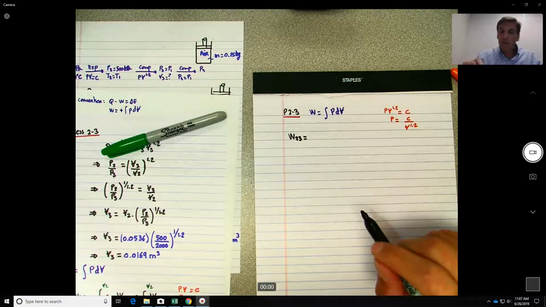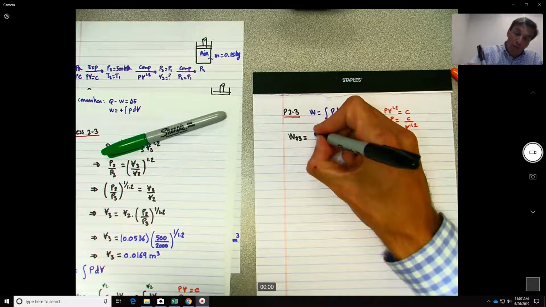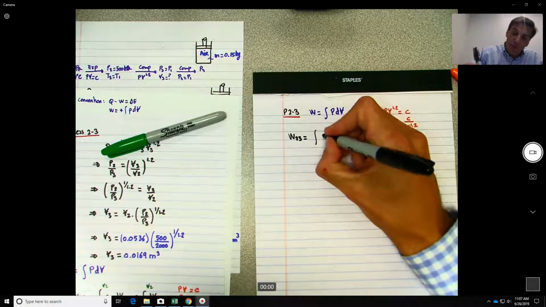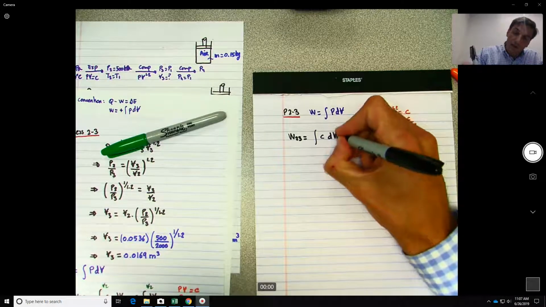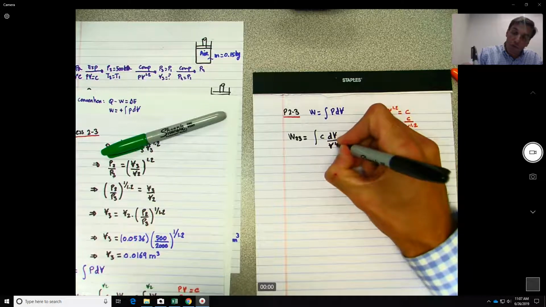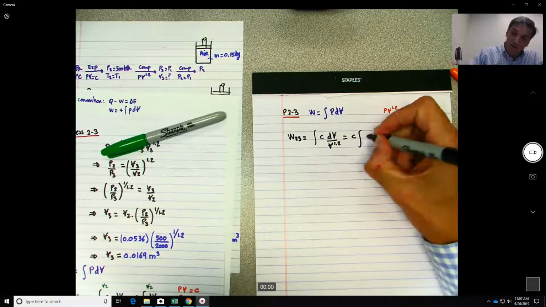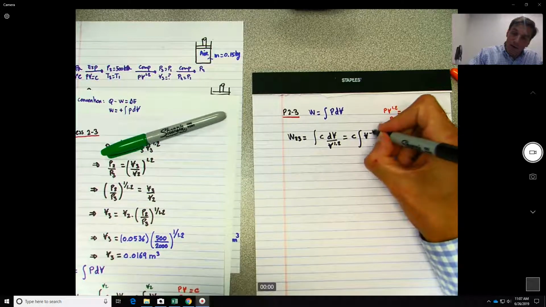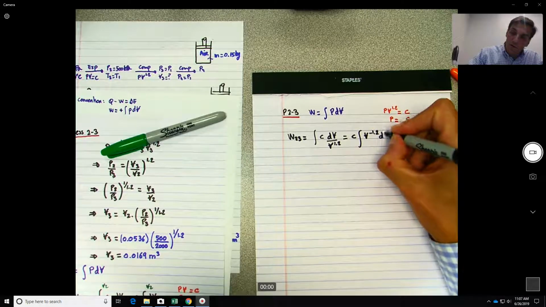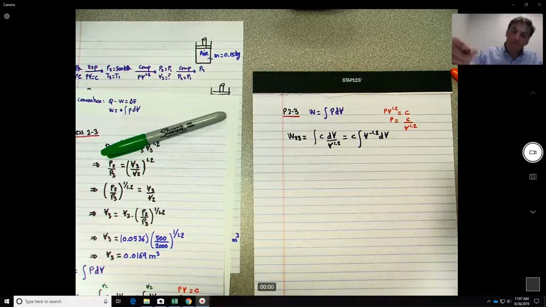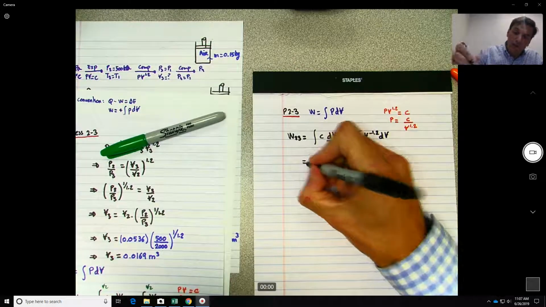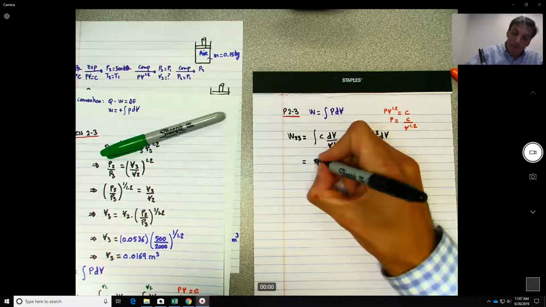Okay, so what do we have over here? This would be equal to the integral of C dV over V^1.2. You can write this as C V^(-1.2) dV, which will be equal to what?